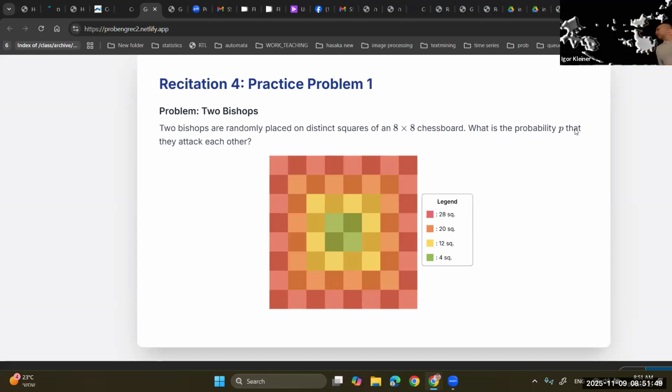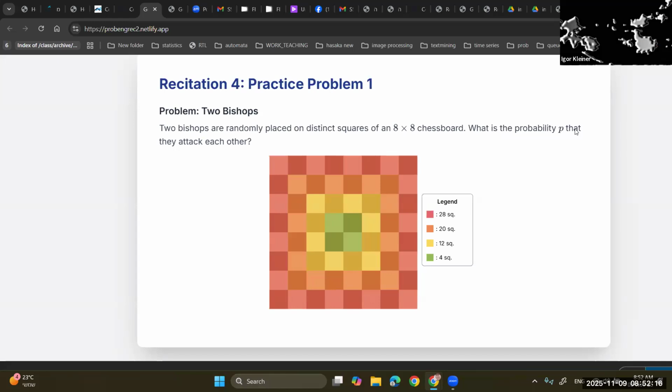You have a chessboard, 8 by 8, and you put two bishops randomly. You can't put them on the same square, but you can put them on any two squares at random. And the question is, what is the probability that these two will attack each other?